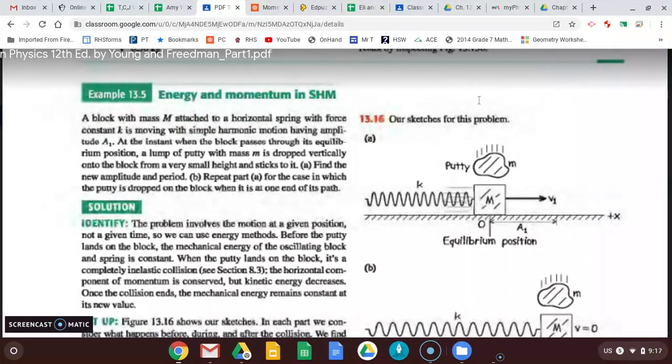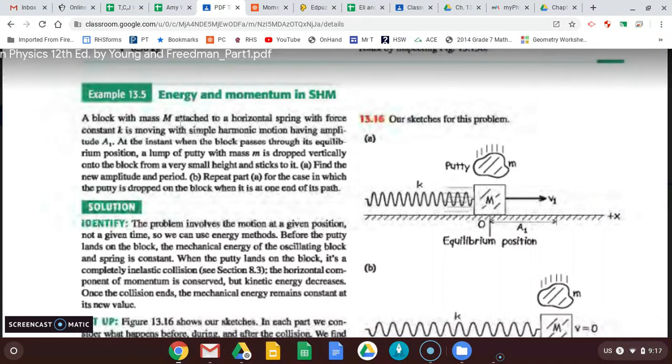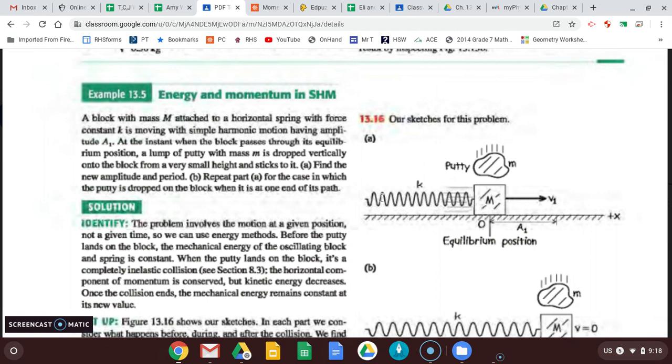So again, we have an oscillating system. There's a picture of it here where a block with mass M is attached to a horizontal spring with force constant K, moving with simple harmonic motion, having an amplitude of a1.